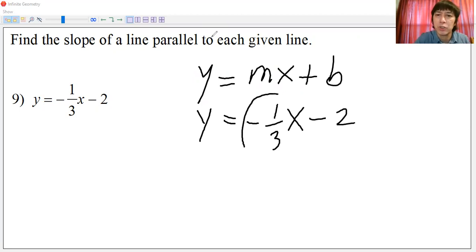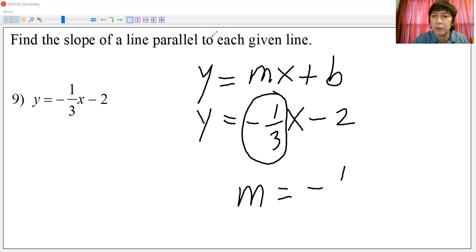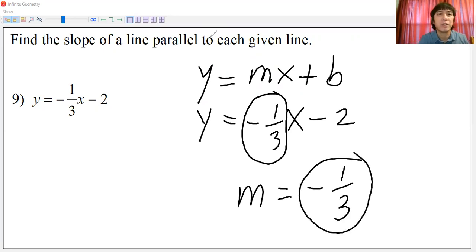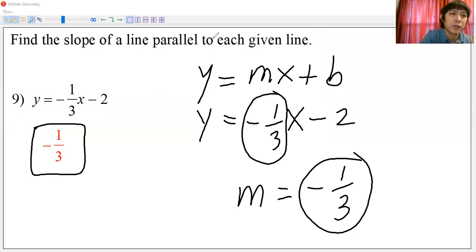That means this is the slope there. And the slope of a line parallel to this line shares the same slope. So therefore, our answer for the parallel line to this line is negative 1/3. That's our answer. And we shall see that from there. See, it's a negative 1/3 given in the red numbers. That's the answer.